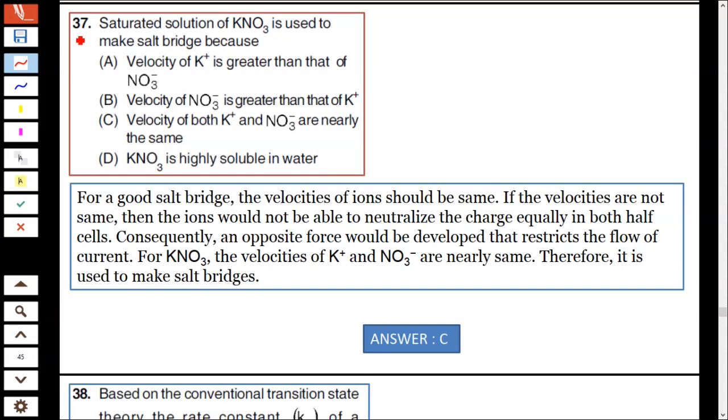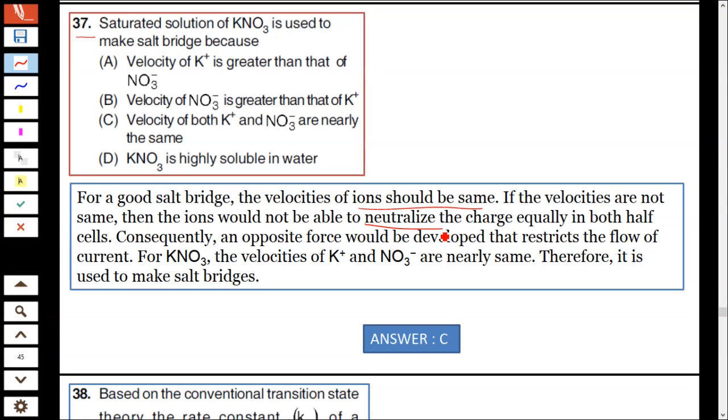Question number 37. A saturated solution of potassium nitrate is used to make a salt bridge because. For a good salt bridge, the velocity of the ions should be the same. The velocity of potassium ion and nitrate ion should be the same. If the velocities are not the same, then the ions would not be able to neutralize.